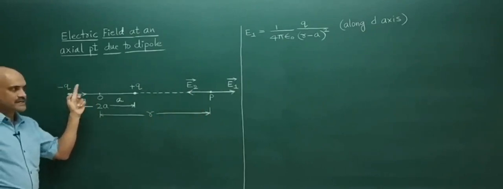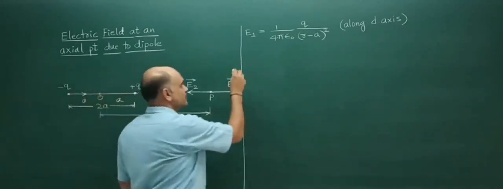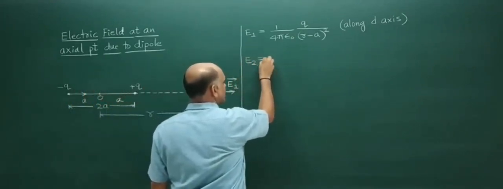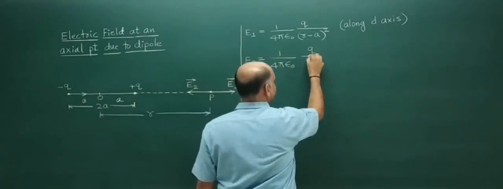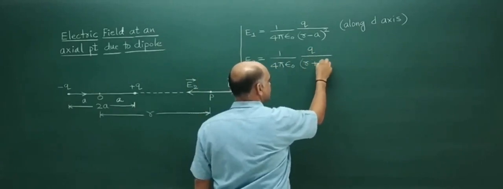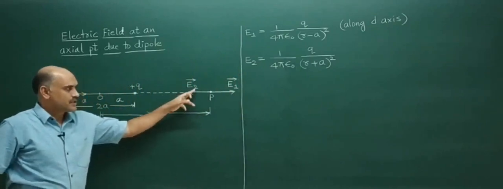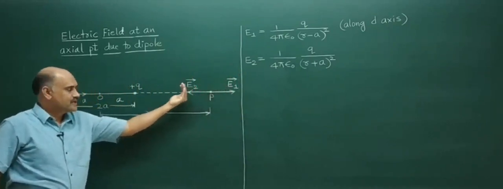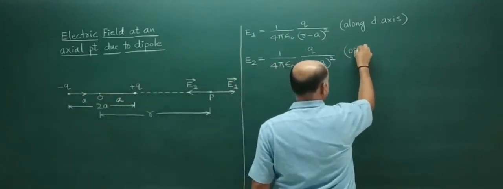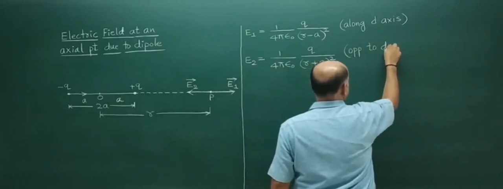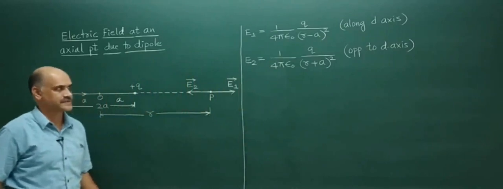So E2 is equal to 1 by 4 pi epsilon naught q divided by (r plus a) whole square. Now E2 is opposite to E1, so it is directed opposite to dipole axis.